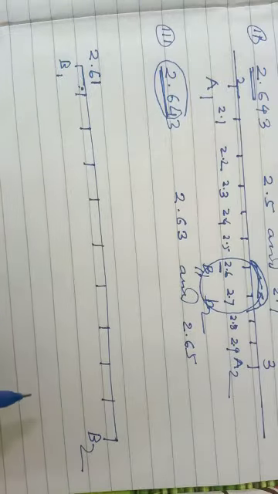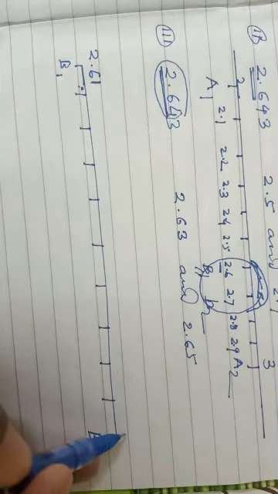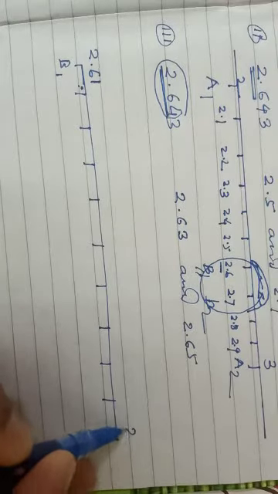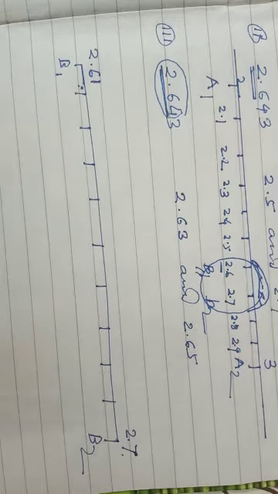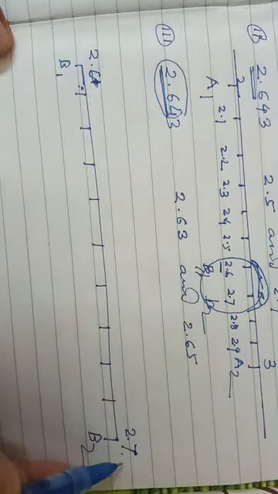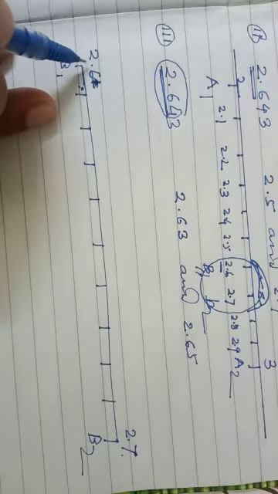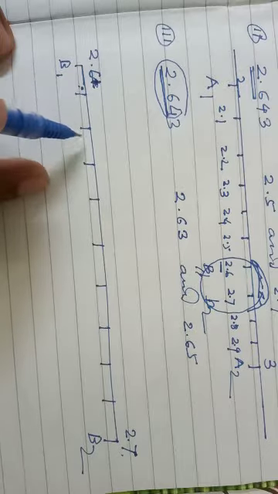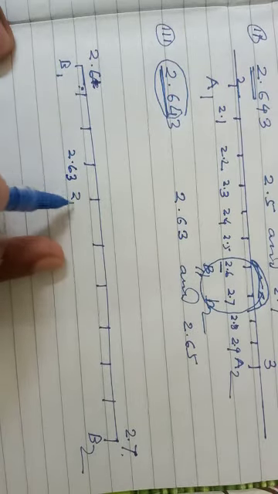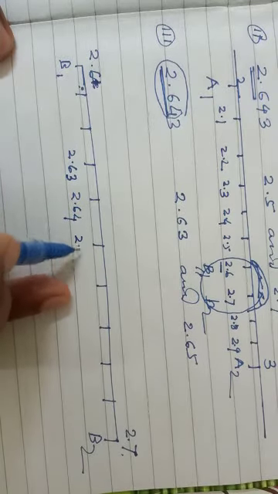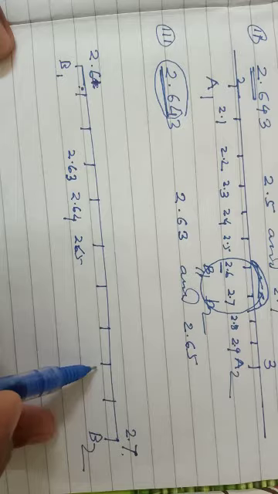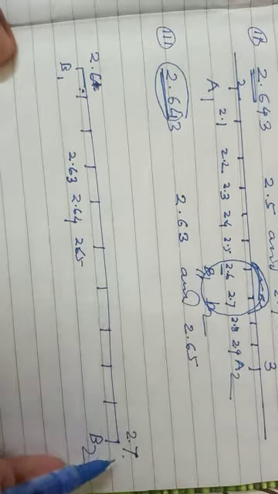This side is 2.6 and this side is 2.7. Now this point is 2.6, then the values will be 2.61, 2.62, 2.63, 2.64, 2.65, 2.66, 2.67, 2.68, 2.69, and that is 2.7.